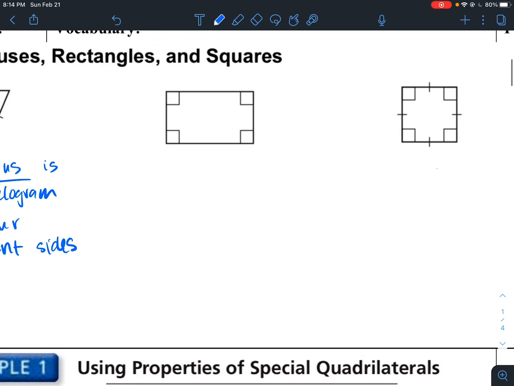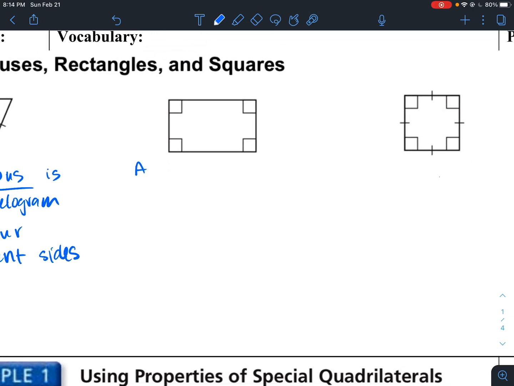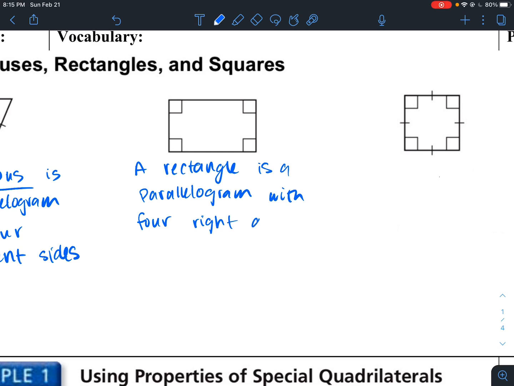And then over here we have the rectangle. So a rectangle is a parallelogram with four right angles. So what this is saying is that all four angles are congruent, and the only way for all four angles of a parallelogram to be congruent is when they are right angles.